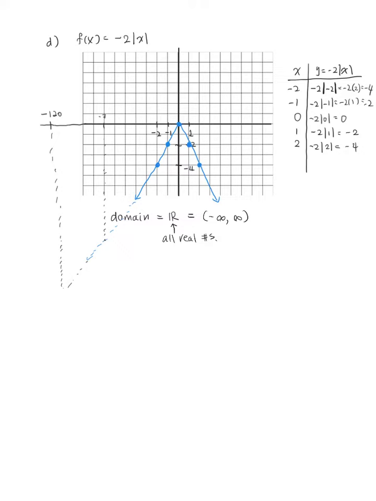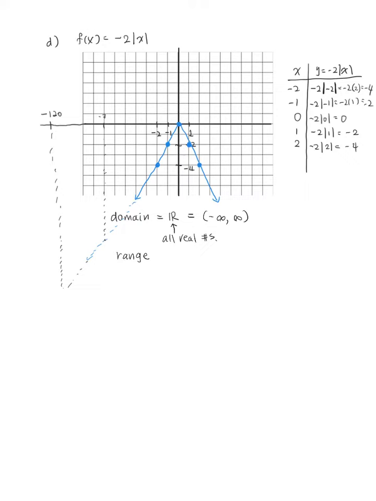Okay, now let's go with the range. Again, range is the set of all y values where the function is defined. So when you want to find the range, you want to look at the graph from bottom upward. If you look at this graph from bottom upward, where is the quote-unquote starting point?